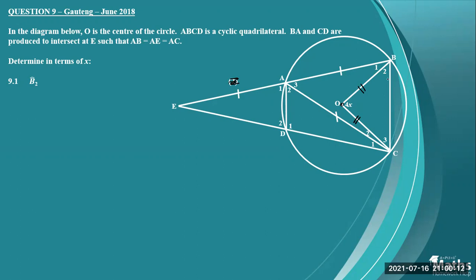So those two sides are equal, therefore this angle will be equal to that one. I also immediately think of the angle at the center being equal to twice the angle on the circumference. So if this one is 4x, this one will be 2x.